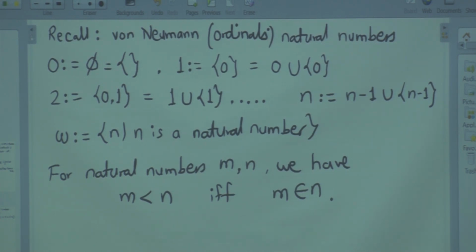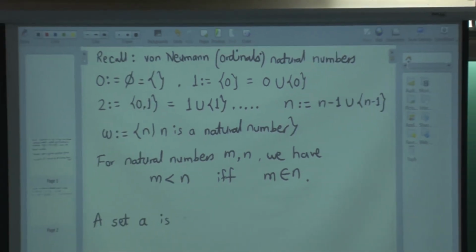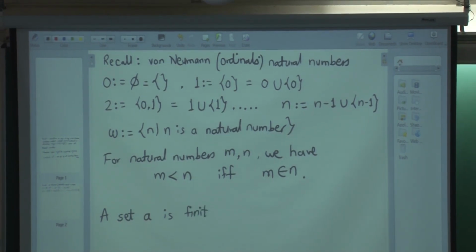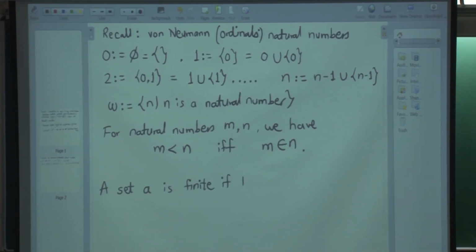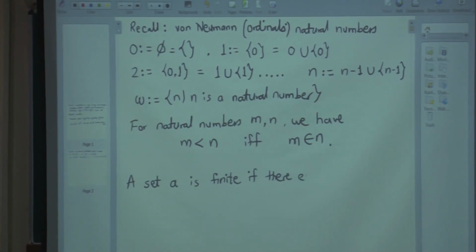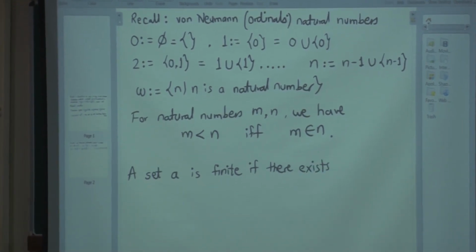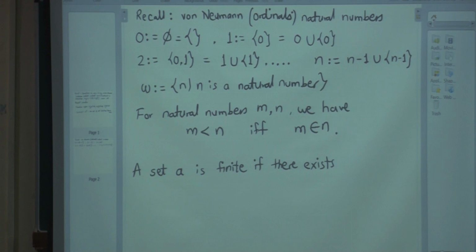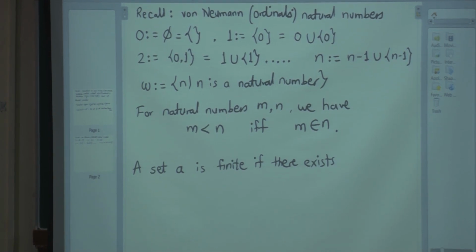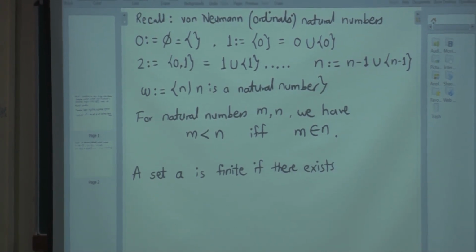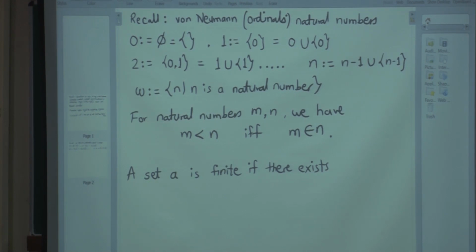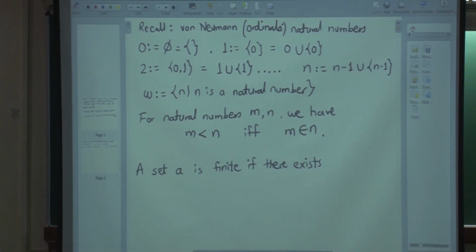So now we know this, and now we can define a finite set using this definition of von Neumann ordinals. A set A is finite if there exists, does anybody want to complete the definition? There exists some natural number such that? Very good.